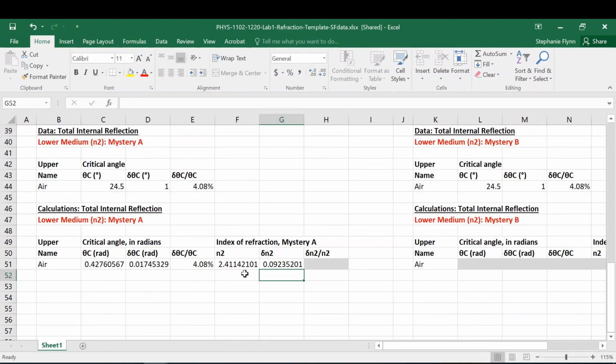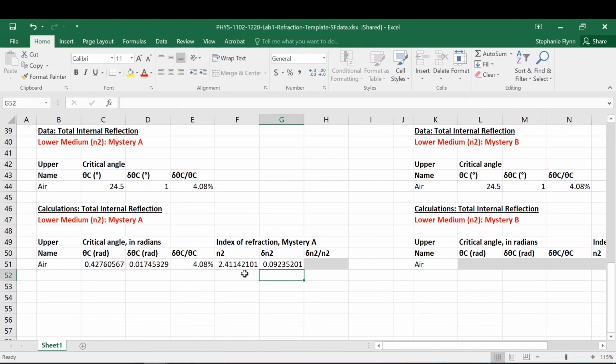And hint, because it was the same material in both cases, you would expect those values to agree in both total internal reflection and law of refraction.